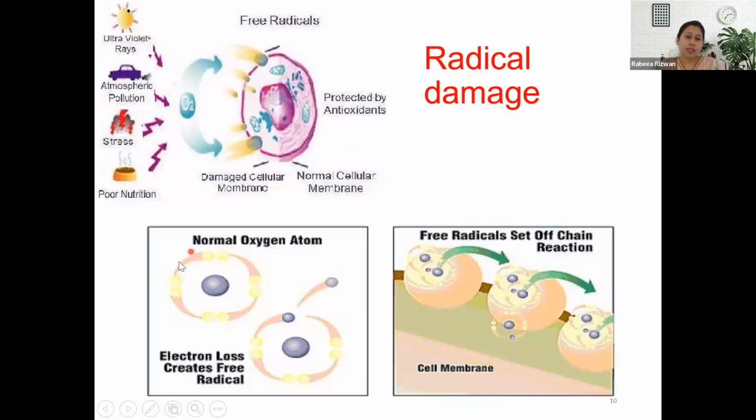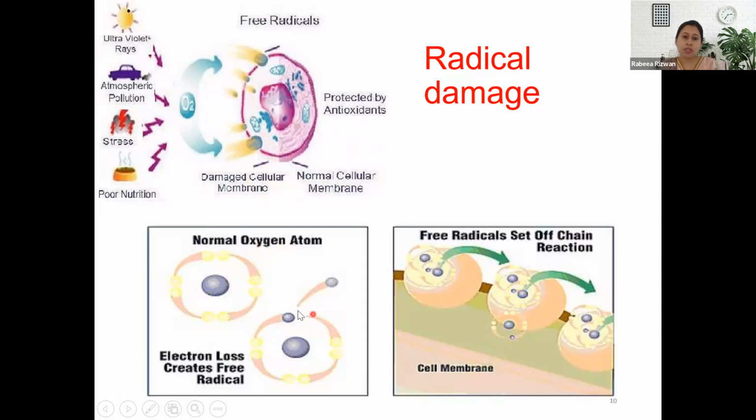And here in this figure, this is a normal cell. However, due to any oxidative damage or reaction from a free radical, when an unstable atom takes an electron from a normal oxygen, what happens as a result?